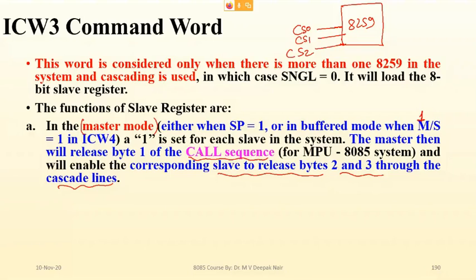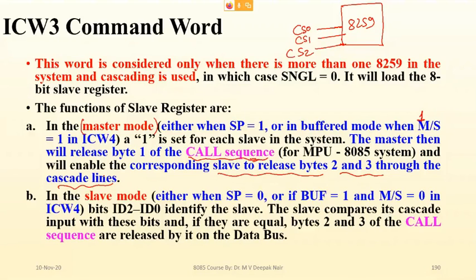So in master mode, the first byte is released by the master. The rest of the 2 bytes are released by the slaves using cascade lines 0, 1 and 2. In slave mode, the 8259 can be identified by checking this particular line, SP equal to 0. We just saw that there is a line called SP/EN.